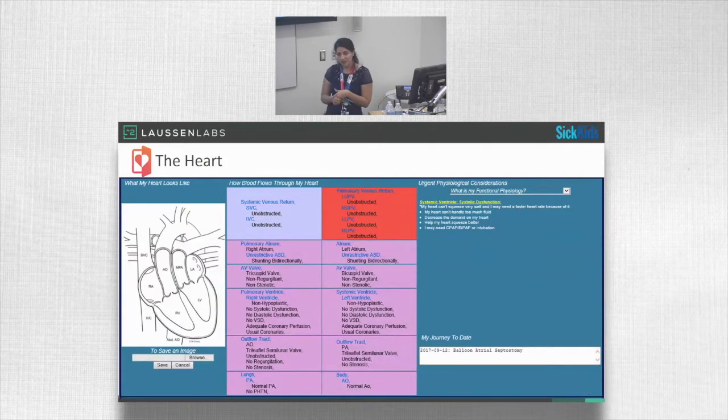In the next phase, we talk about what the patient's heart looks like, and this is where we try to address the knowledge gap. So visually, we try to capture what the anatomy of a patient's heart would look like, and then side by side to that, we capture some functional data in terms of, for example, if there's regurgitation across the valve, or if there's poor function on a ventricle, or both.